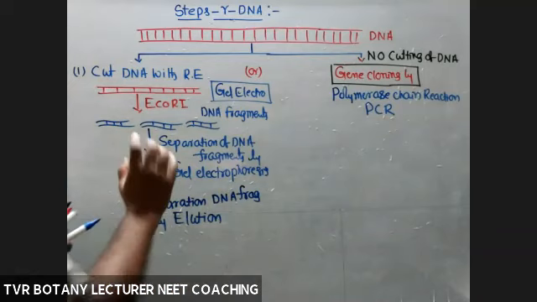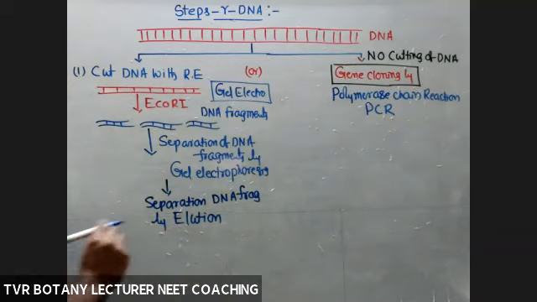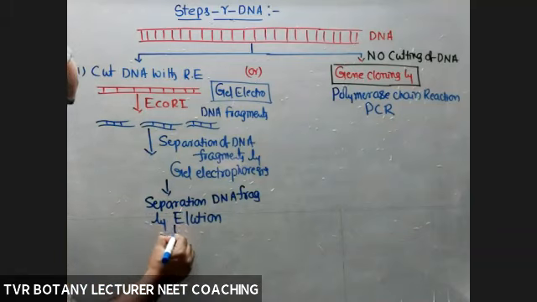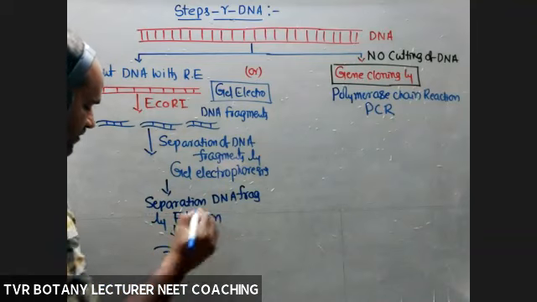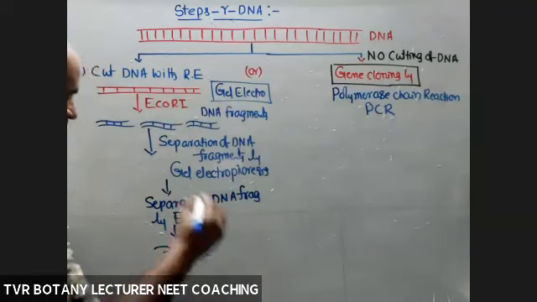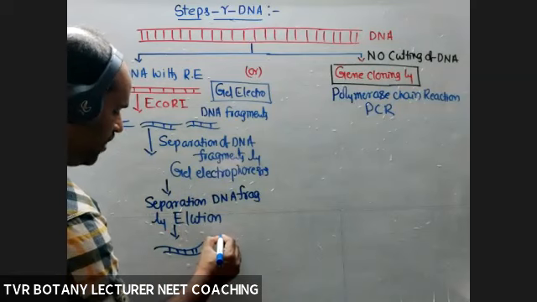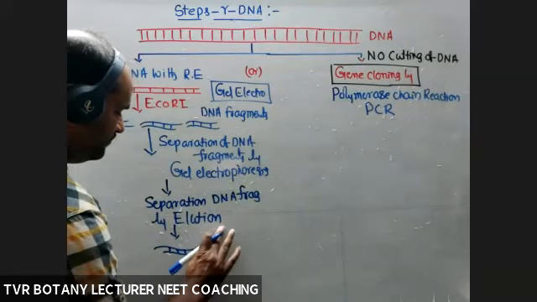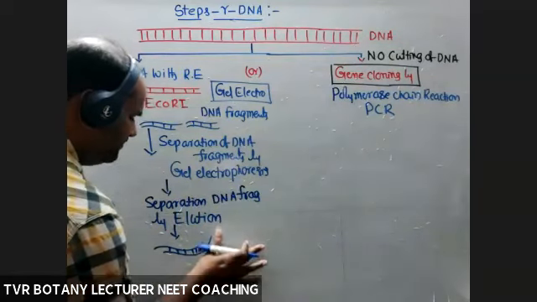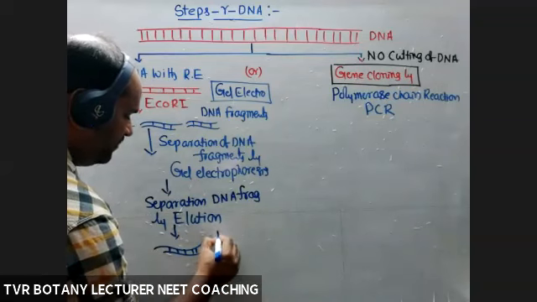So now, for example, one DNA fragment, one desirable gene is available. This is one desirable gene, for example only. So finally, one desirable gene is available.